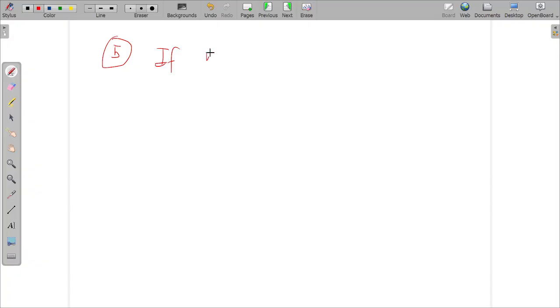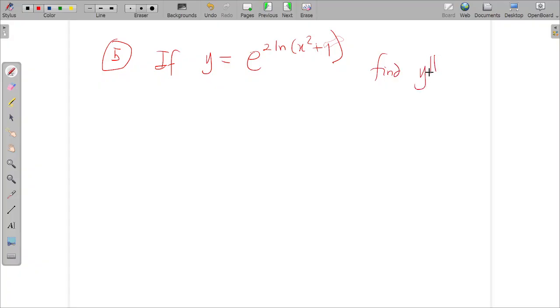If y equals e^(2 ln(x² + 1)), find y double prime when x equals 1. Okay, all right, if you look at this one now, you should recognize something.